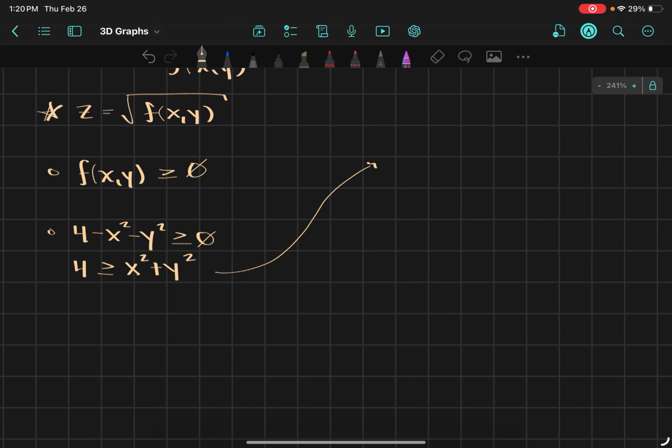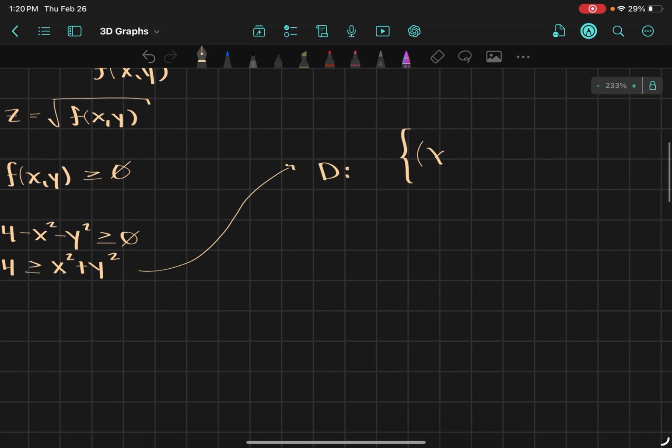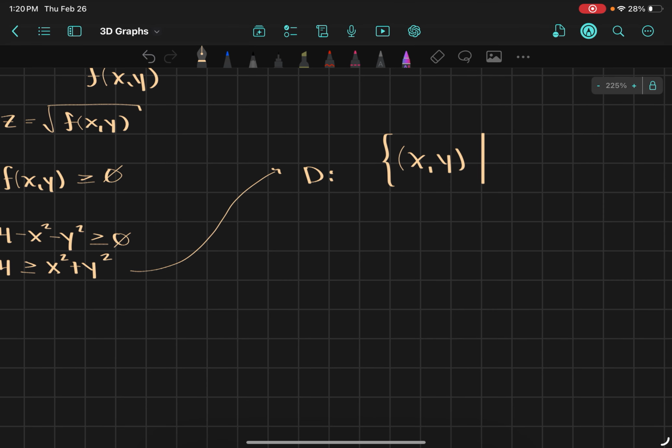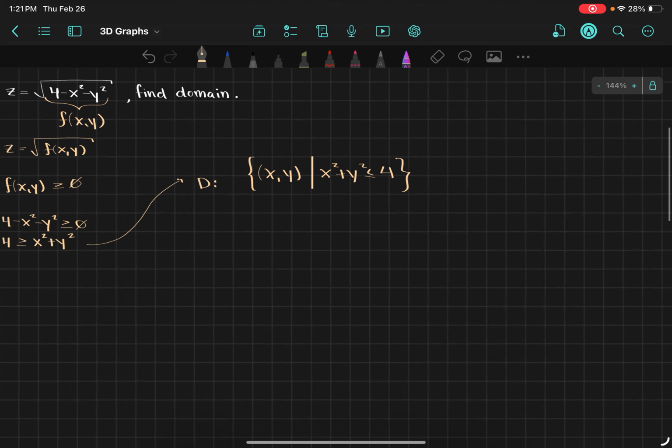This works, but we want to have it in set builder notation. So we are going to just make the set of x, y, such that x squared plus y squared is less than or equal to 4. So that is our domain.